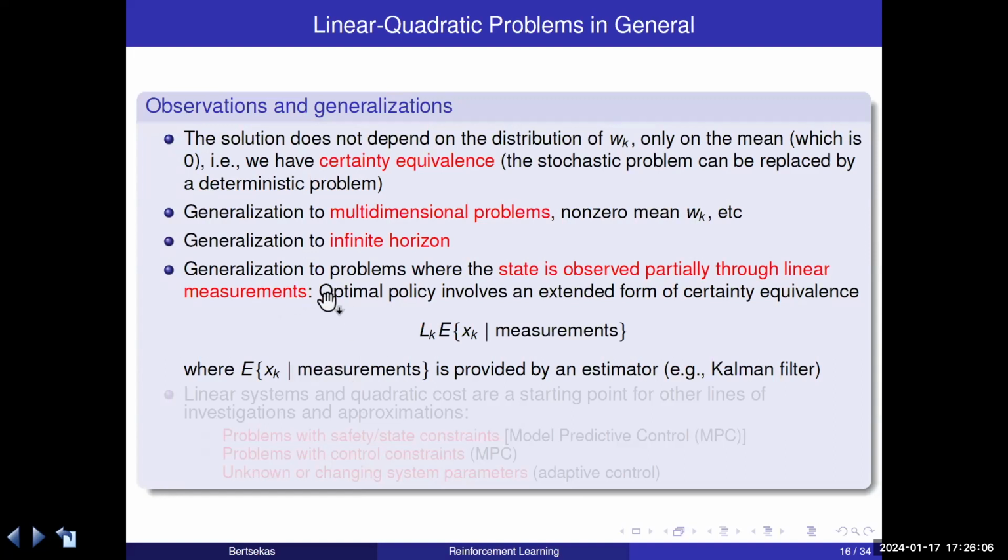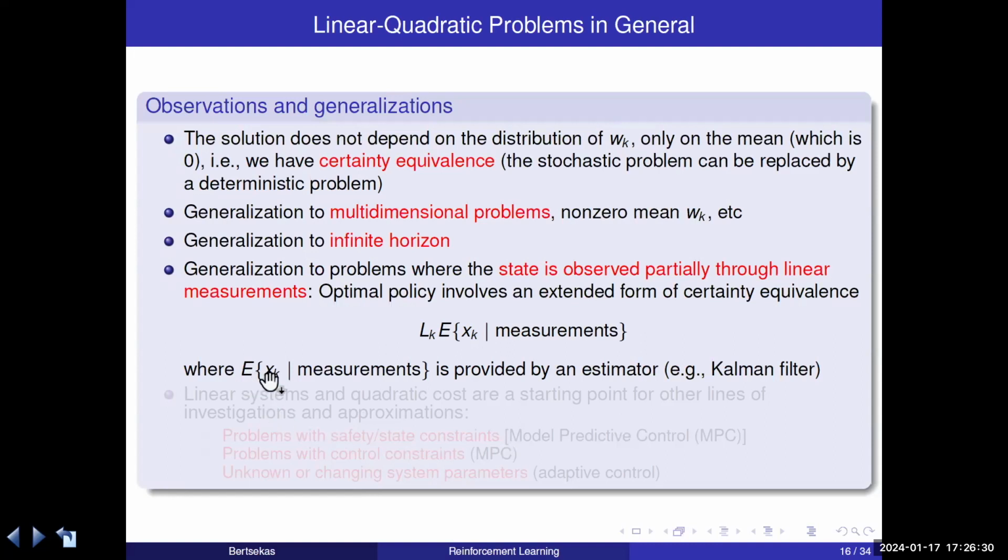And it turns out that the optimal policy involves an extended form of certainty equivalence. The optimal control that you apply at time k, given all the measurements that you have, is obtained by multiplying with this LK, not the state, but rather the expected state, given the measurements.